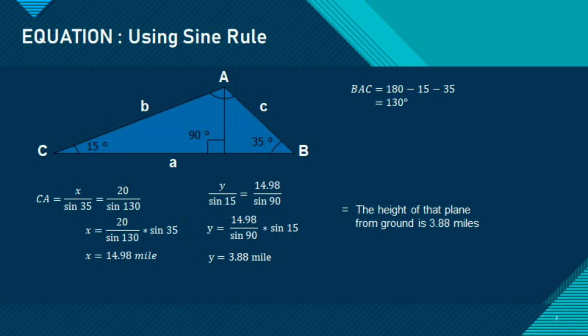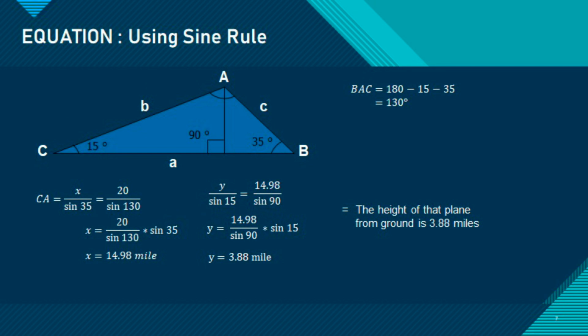If we solve the equation, we get x equals 20 over sine 130 degrees multiplied by sine 35 degrees. And we get x equal to 40.698 miles, which is the distance from C to A.